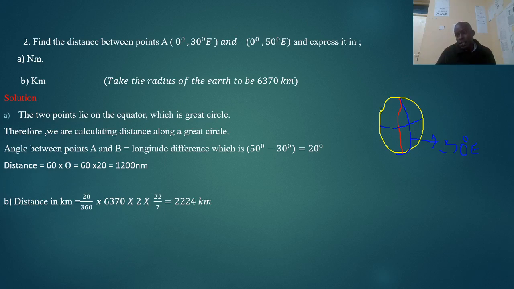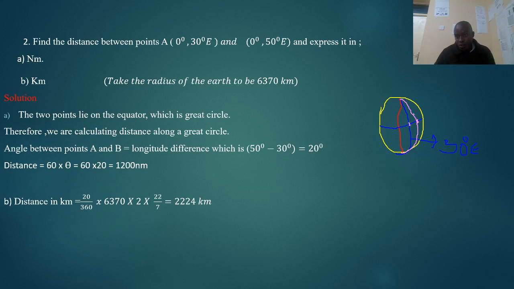I have another, 0 degrees and 50 degrees east, which should be towards this side. Using purple, this is point B, and this is point A.